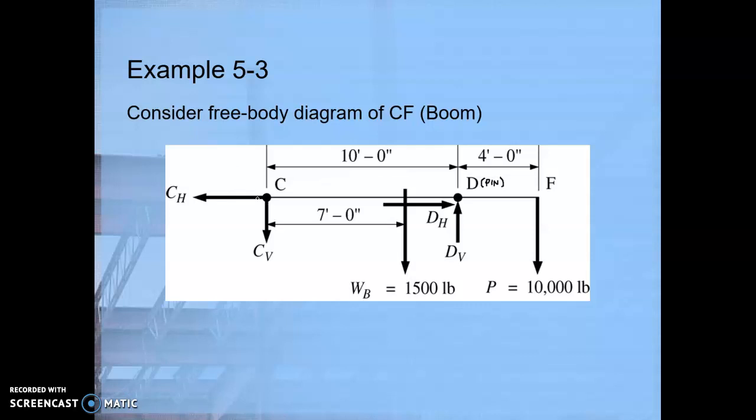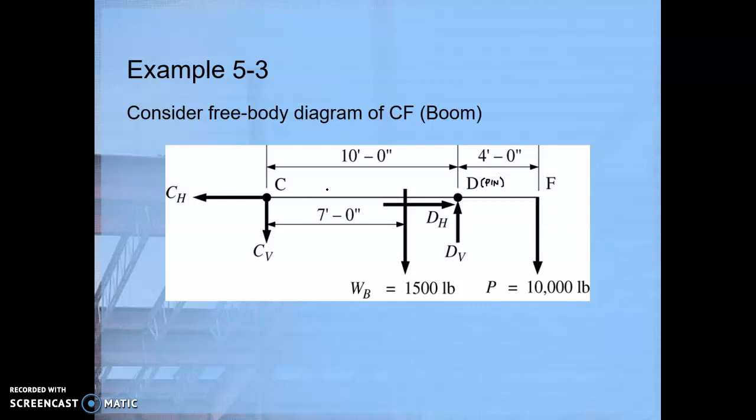And then we have the pin reaction forces at C. You can almost think of this horizontal beam or boom, as it's called, almost like a teeter-totter. We've got this support here at DV that's holding it up. We've got this big load at the right pulling it down.